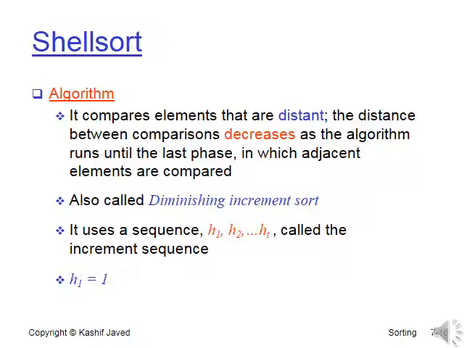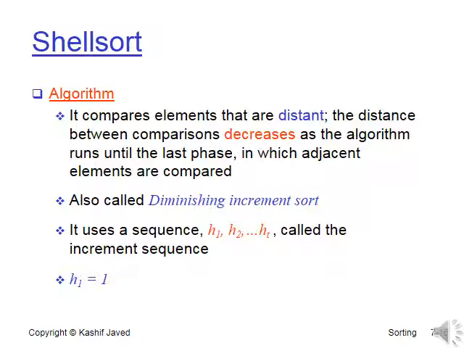Shellsort is also called diminishing increment sort. Diminishing increment implies that the distance between the items or data that we are sorting decreases as we progress in sorting. It can also be called diminishing gap sort.